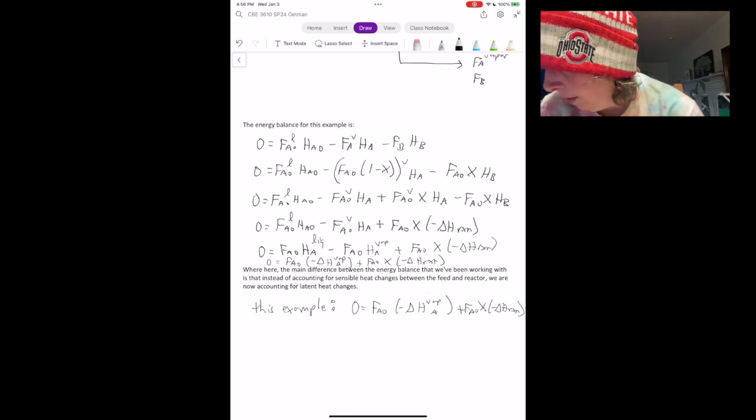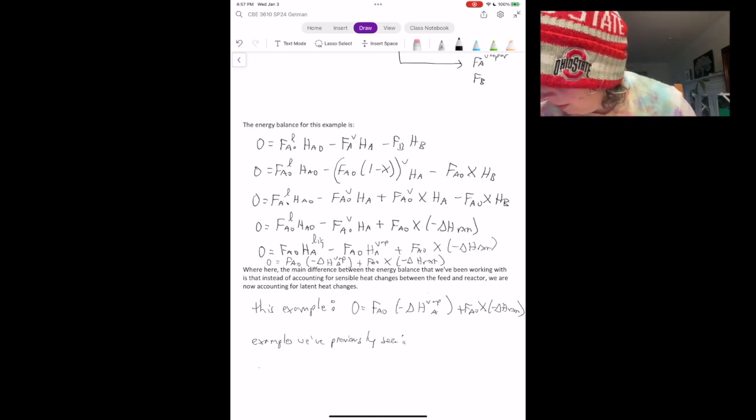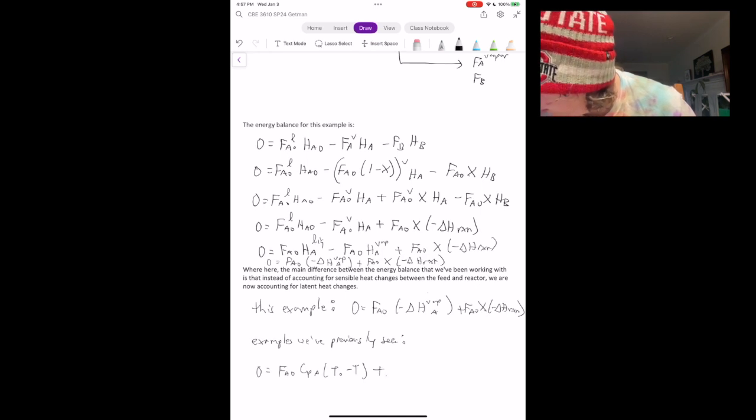What we've been doing in those cases, our energy balance is going to be FA0 CPA T0 minus T, so the sensible heat changes. And if we have an adiabatic reactor, we have FA0 X times negative heat of reaction.